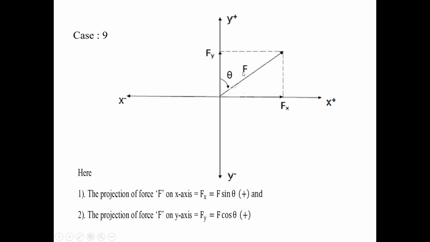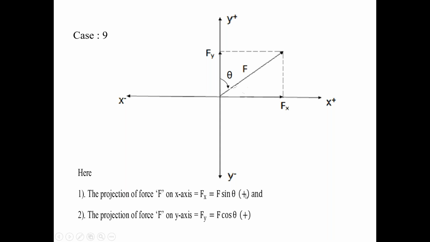The force F makes the angle theta with the y-axis. So the x-axis projection of force F is Fx, that is equal to F sin theta. Y-axis projection of force F, Fy, is F cos theta. As per this direction of force F, the projection Fx direction is towards the positive x-axis.